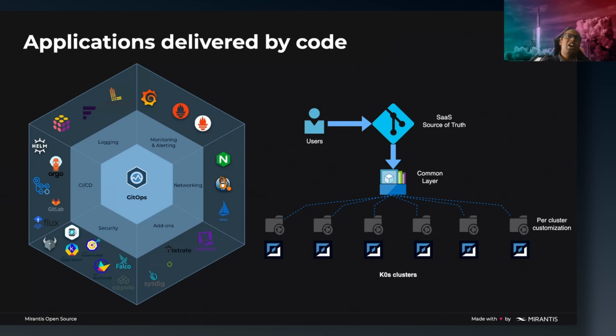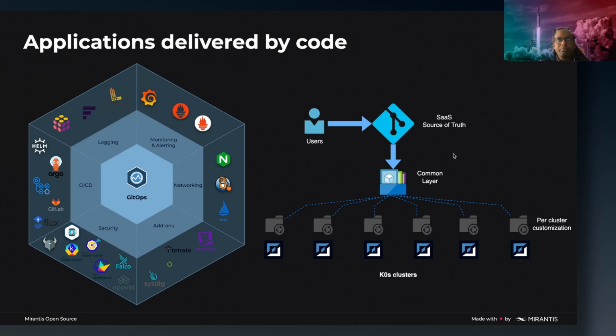You define everything in Git repositories, and then through these Git repositories, you attach that to a continuous deployment component like Argo CD or Flux CD, for example. And you would leverage these pipelines to deploy the different applications across your different clusters, right?